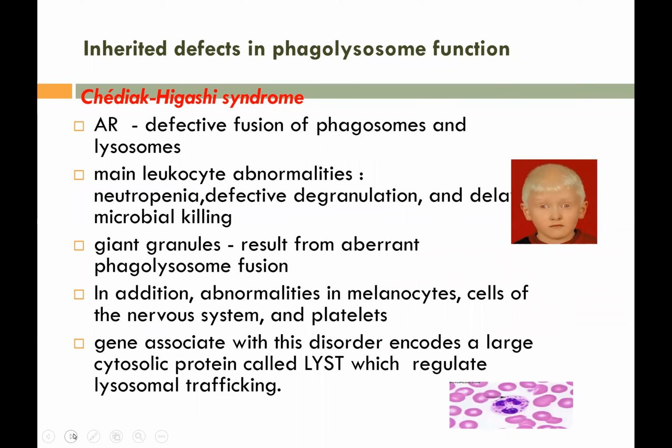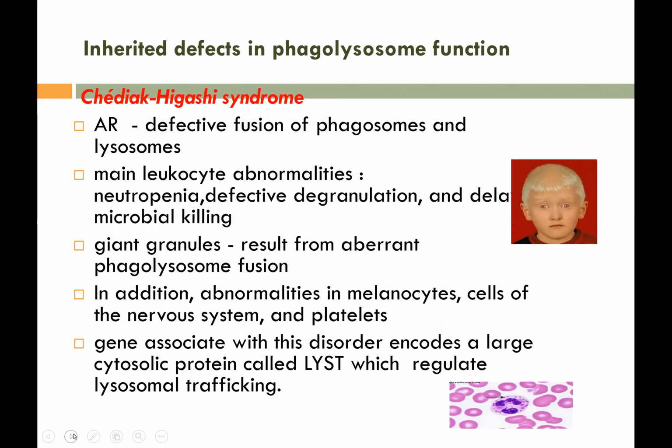When you say Chediak-Higashi syndrome, it is regarded as an autosomal recessive disorder. There is defective fusion of your phagosome and your lysosome, which results in defective phagocyte function and eventually susceptibility to infection.